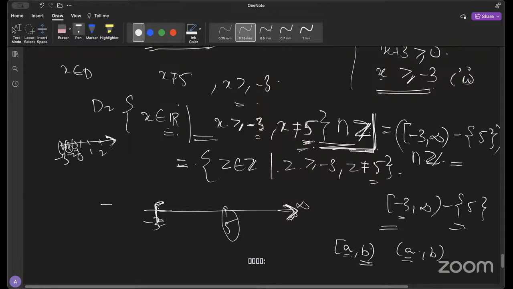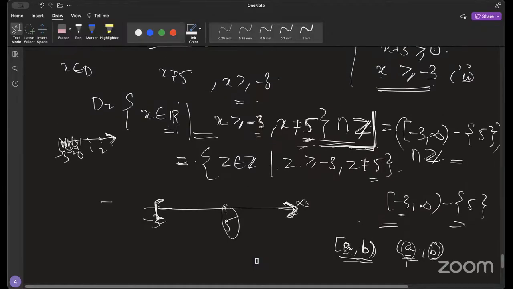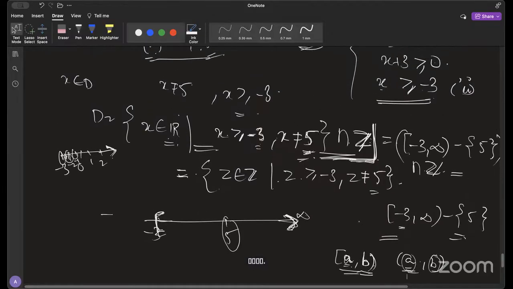This means B is excluded. You don't include B, but you include A. And this means both are excluded. Both the endpoints are excluded from the set. Is it clear now? Yes, ma'am.